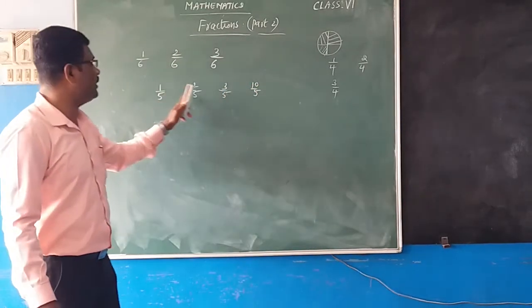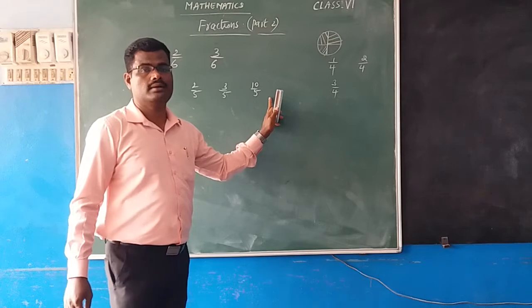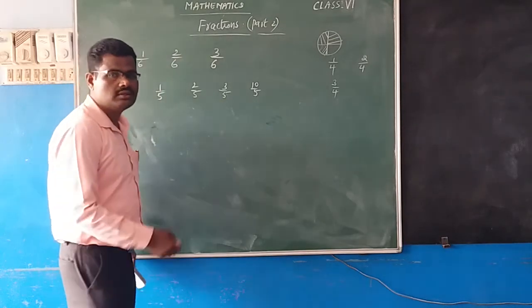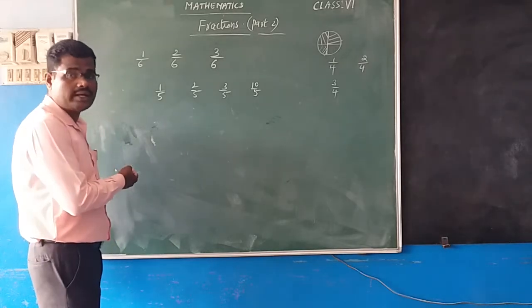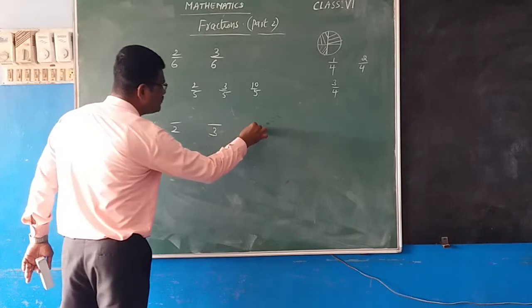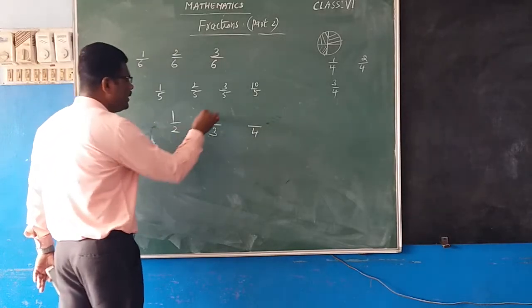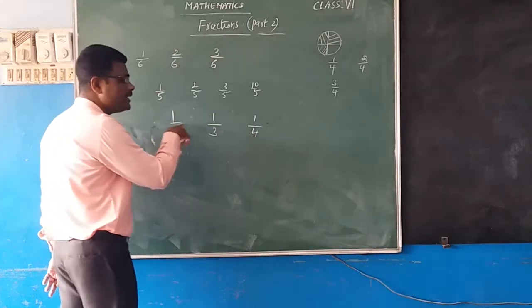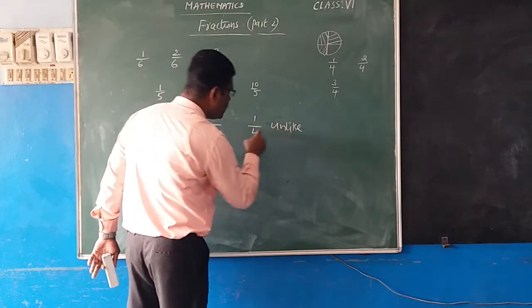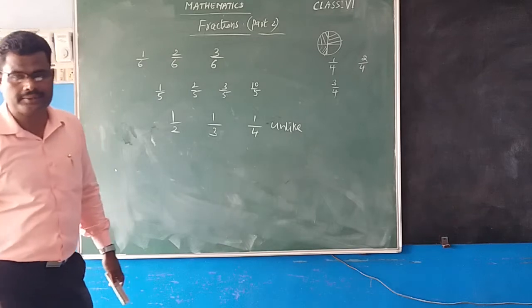Yes, because the denominator is same. In a fraction, if denominators are same, then it is called like fractions. The next one is unlike fractions. What are unlike fractions? Denominators are different. Suppose 1 by 2, 1 by 3, 1 by 4. Whether it is like or unlike, it is unlike. Why is it unlike? Because denominators are different.